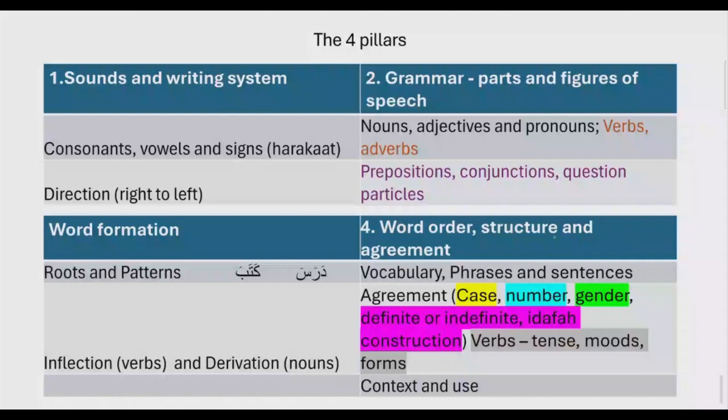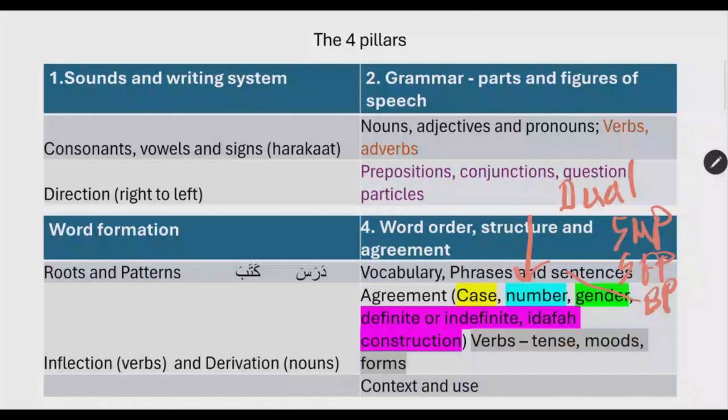What's left in number is the broken plurals, and there are quite a number of types of broken plurals, like in English, which we'll cover with examples in our next lesson, inshallah. All right, so we'll stop at that point. So just to show you the broad picture of where we are busy with this concept called number, and we still have one more lesson on it just to complete the full picture of the duals and the plurals.